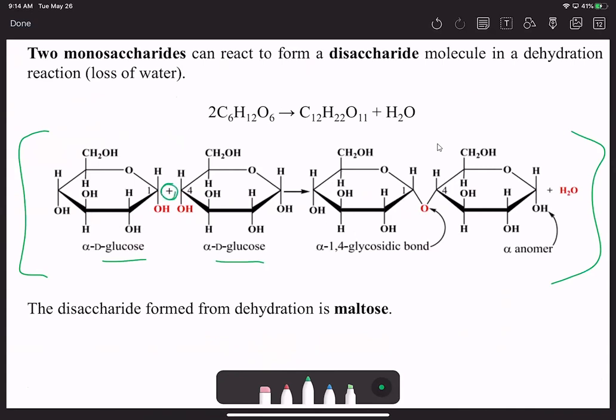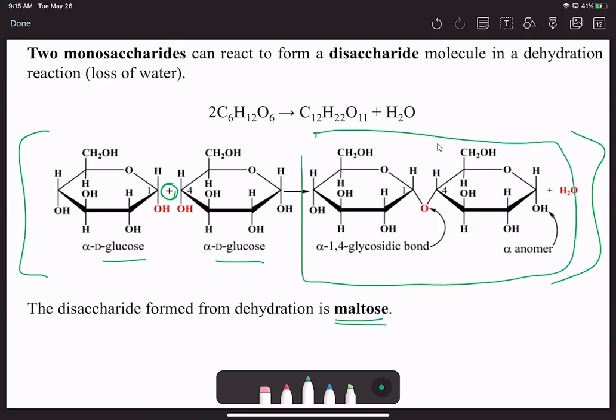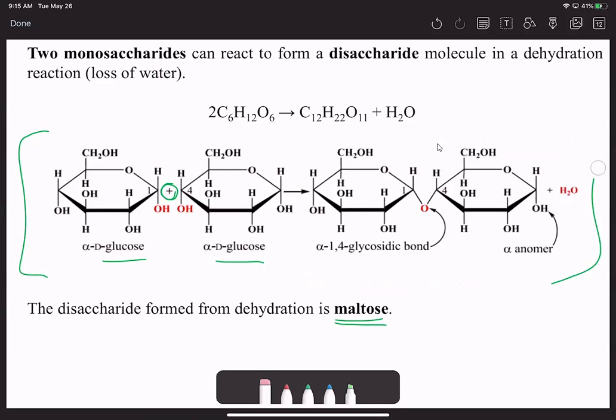So if we take two glucose units, that's going to make maltose. This is maltose. You don't have to memorize that structure. You only need to know that glucose plus glucose make maltose, right? Glucose plus glucose make maltose.